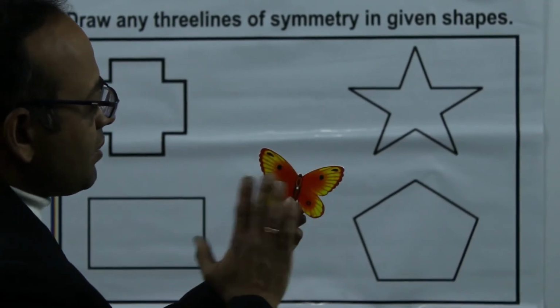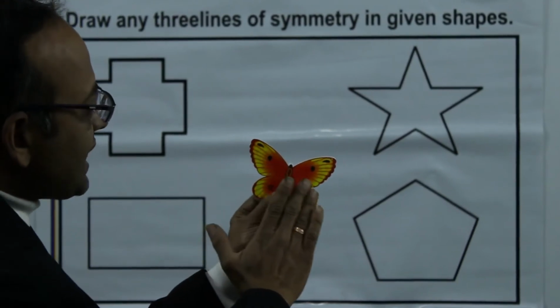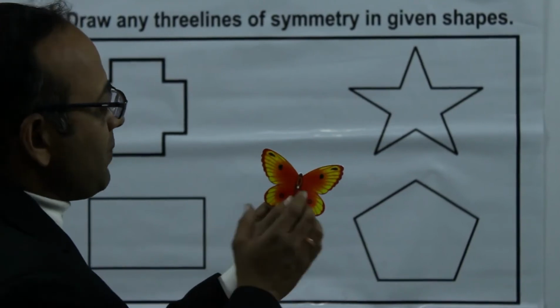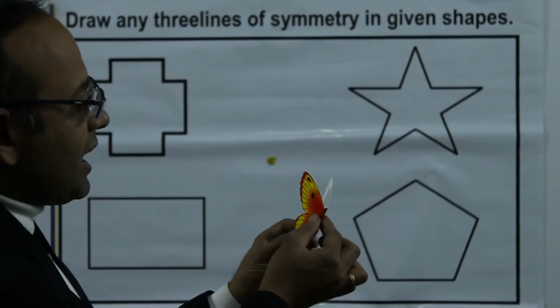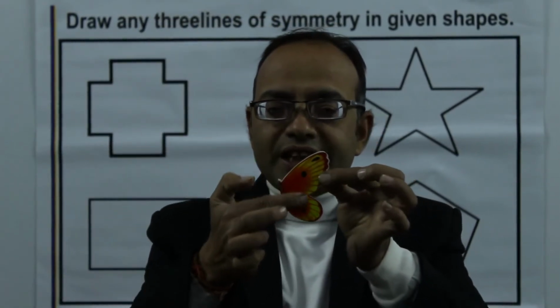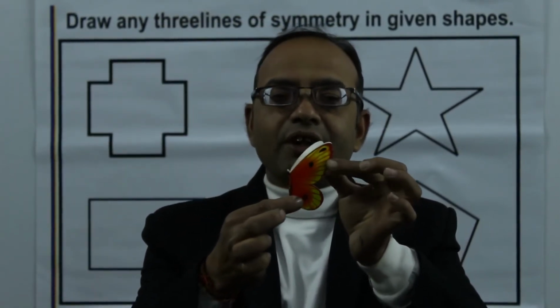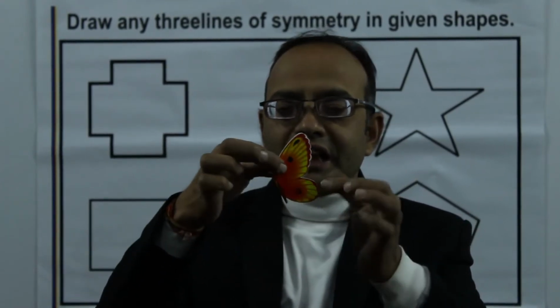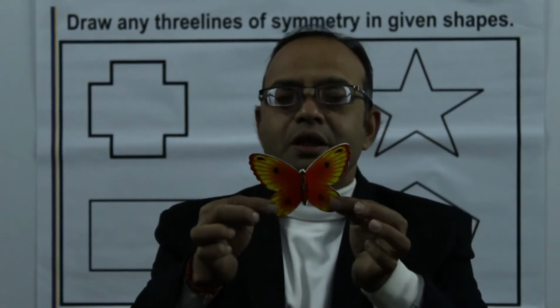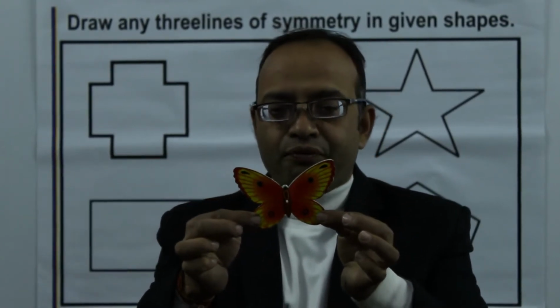Two equal sides means both sides have the image or mirror image. When we fold the butterfly, you can see this side and this side are just like two images. So that is called a symmetrical figure.